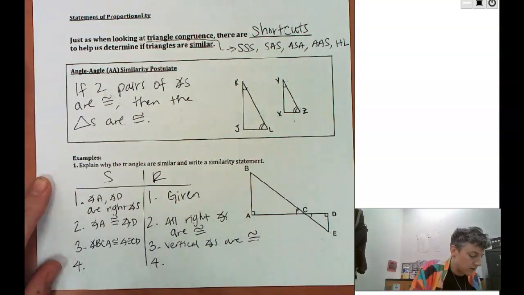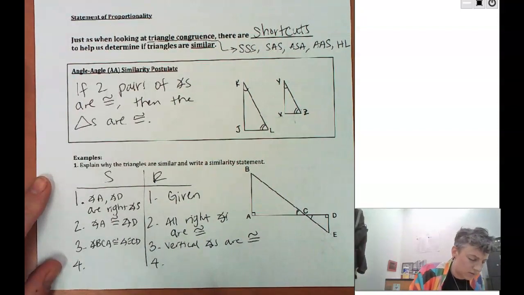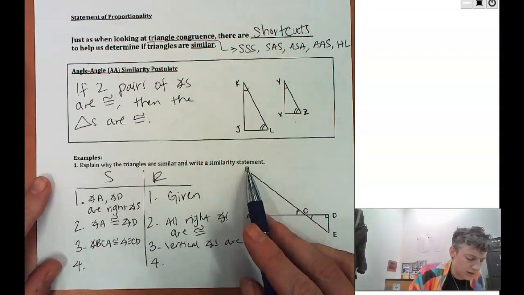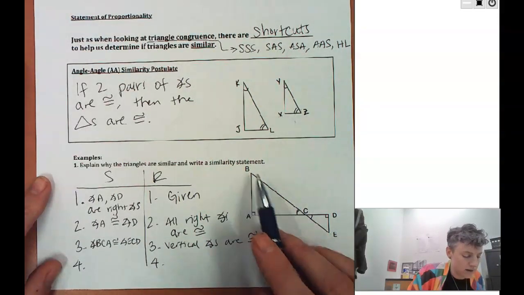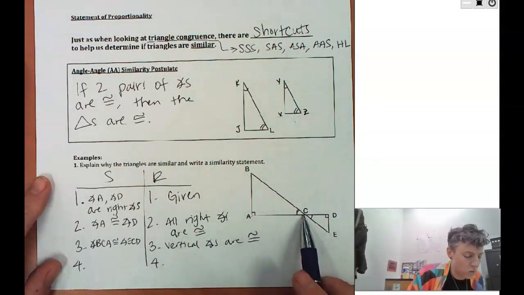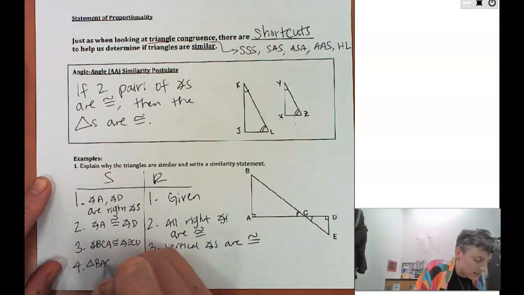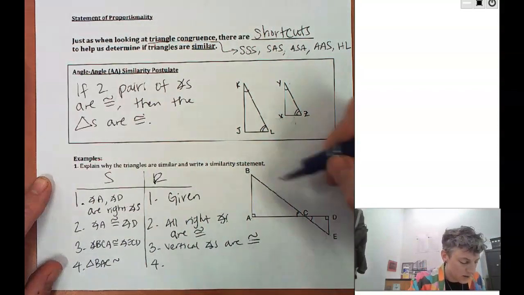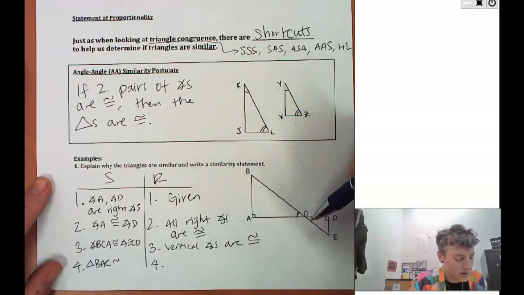Which two triangles? How about BAC? So I went from something that had no markings to a right angle to that one angle mark. Triangle BAC is similar to, so that means, again, we went from no marking to right angle marking to this one arc.